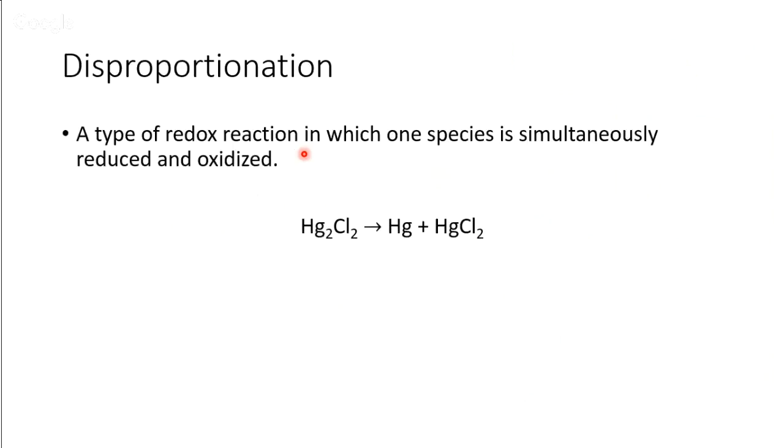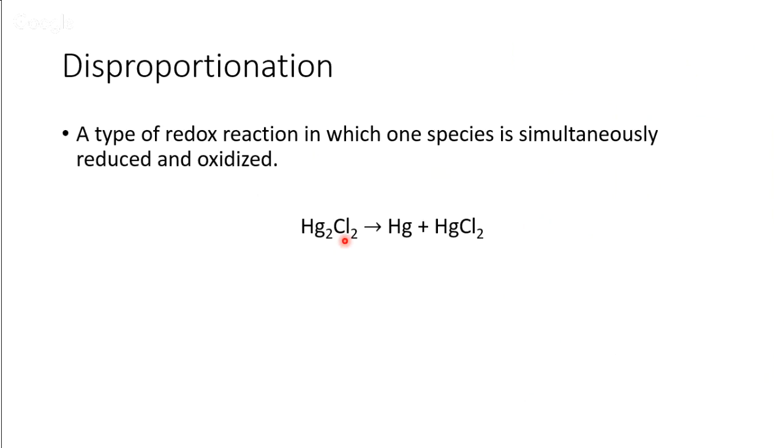All right, two specific types of reaction that we need to be familiar with are disproportionation, which is a type of redox reaction where one species is simultaneously reduced and oxidized. So here's an example, and mercury is both reduced and oxidized in this equation.